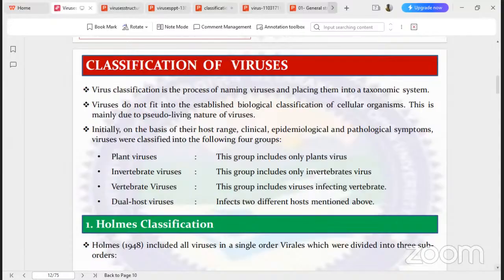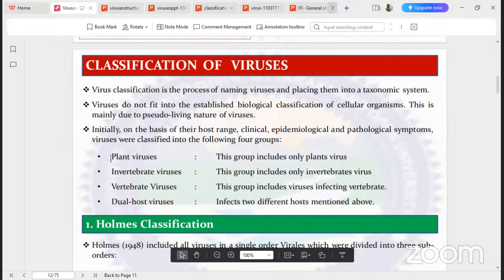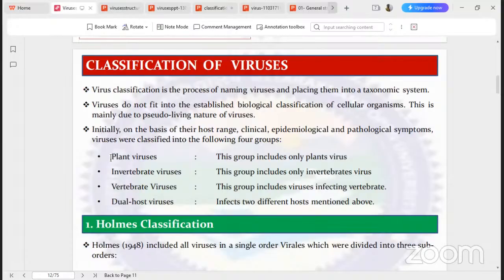Based on the host, and on pathological and epidemiological symptoms, if it causes disease in plants, we call them plant viruses, phytophages. If it is in invertebrates, from protozoa to echinodermata, and vertebrates from fishes to animals, and dual hosts, it will infect two different hosts, like plant and animal, or insects and birds.